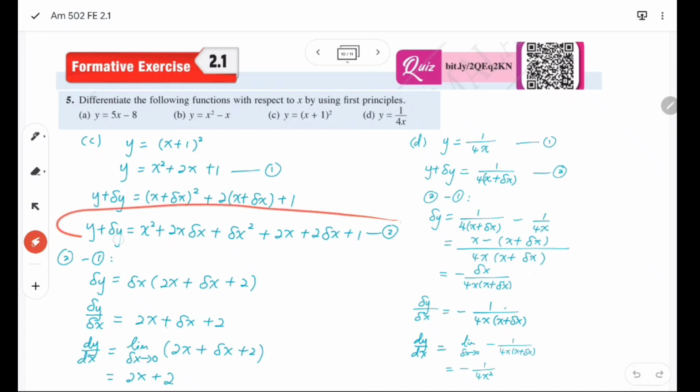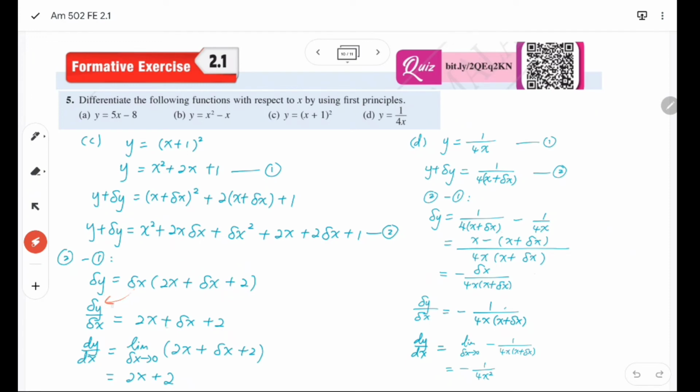Again, second equation minus first equation. We'll see we are left with only del y equals all this del x involved, the rest eliminated with the original y. Right? So factorize the del x. Okay, we get del x times 2x plus del x plus 2.